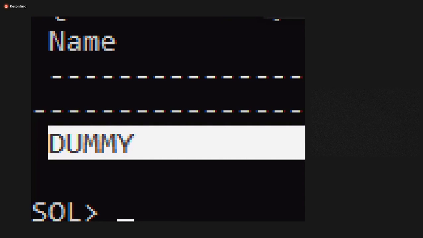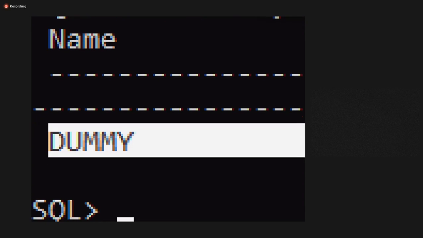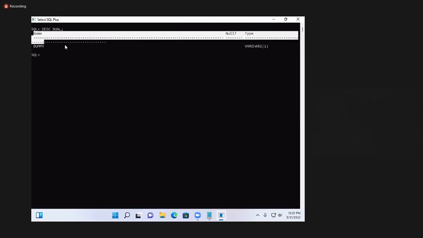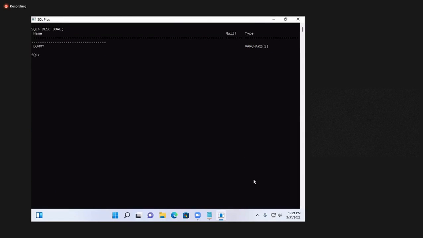The column name is dummy. That's why it is called a dummy table.